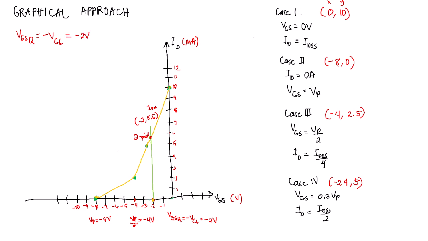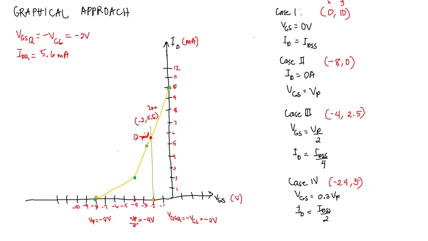If we draw a line upward to that, the intersection of that line with the transfer characteristic curve will give us the Q point of the transistor. And so the IDQ derived from the graph is equal to 5.6 milliamperes.